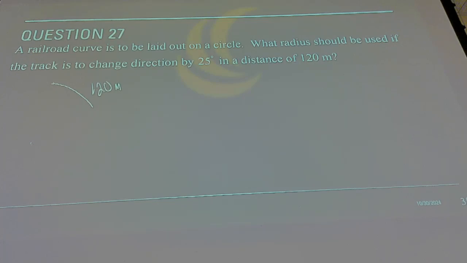So again, S is r theta. We know S and we know theta, but we don't know R. S is 120 meters. What's theta? It has to be in radians.